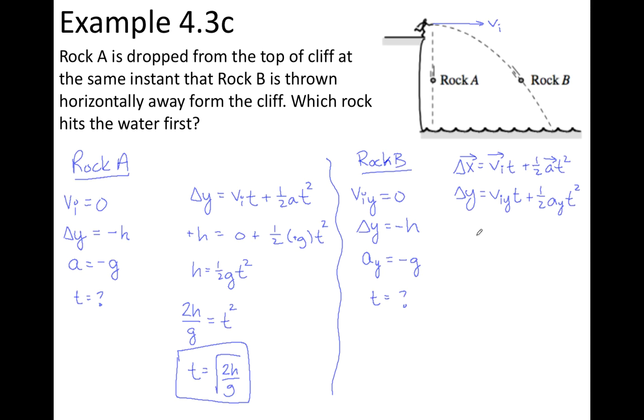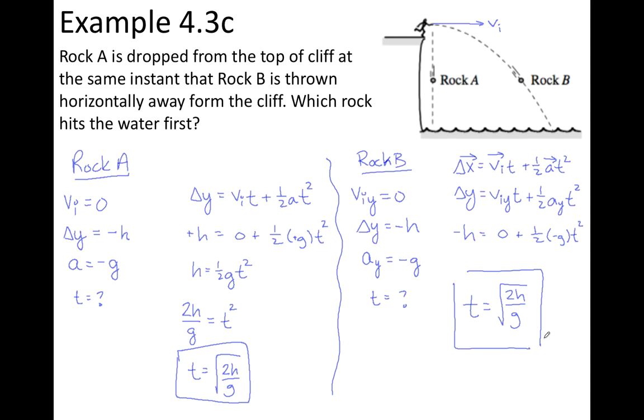And so if I put in my variables, you'll notice that this line is the same as the second line from rock A. So guess what? The time that it takes rock B to reach the ground is exactly the same as the time that it takes rock A to hit the water.